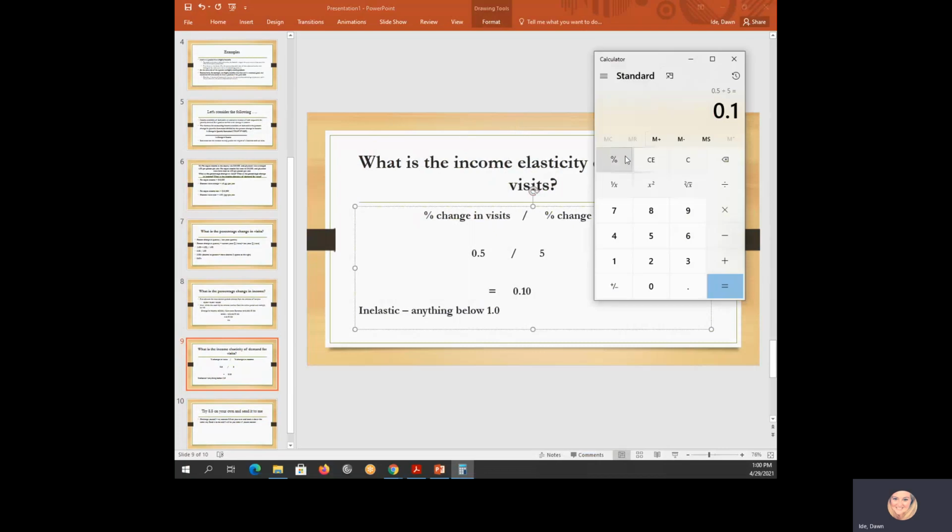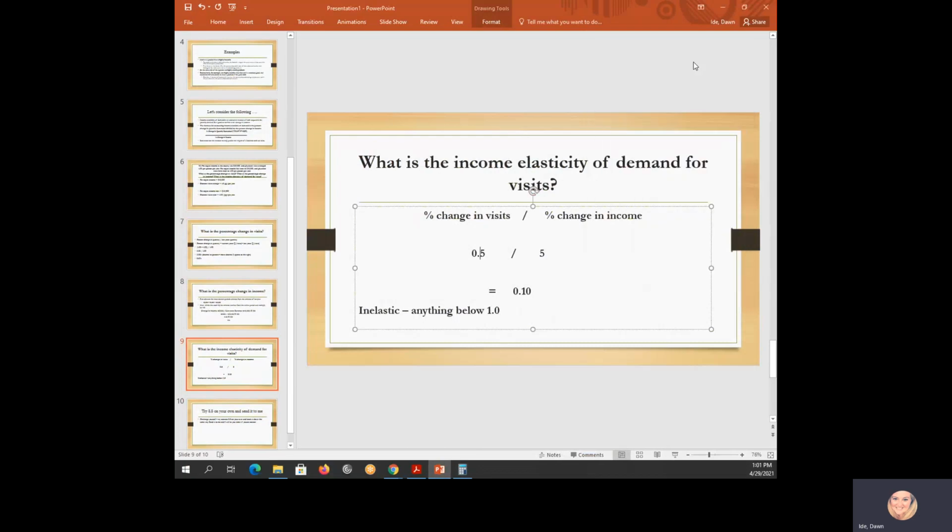And I'm just going to show you this. I'm looking at it and I'm thinking that wasn't right. So it was 0.5 divided by 5. It is 0.10, right? And anything below 1.0 is inelastic. And sometimes when you're working with numbers, the same thing happens.